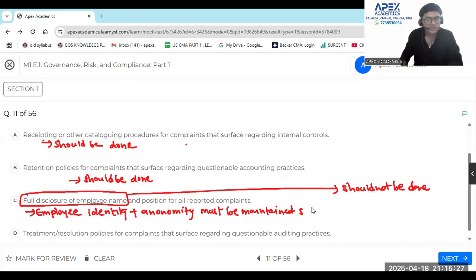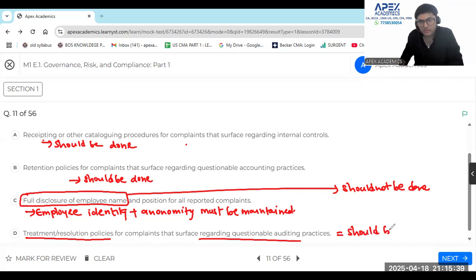Are you with me on this? Yes or no, my dear students? Please tell me that. Sir, a timely resolution of policies for complaints that surface should be done. So, my dear friends, do we understand what should be done and what should not be done?